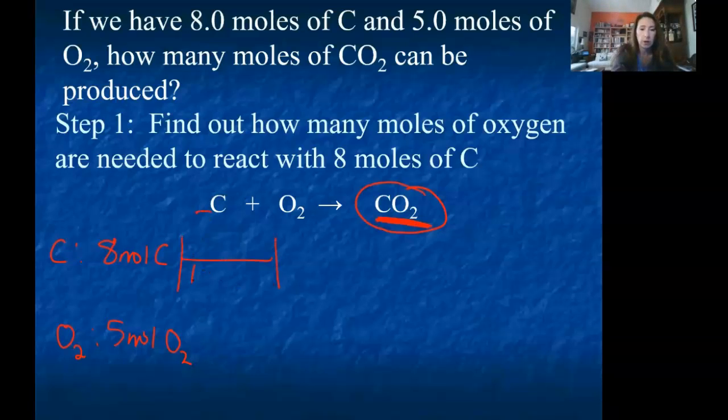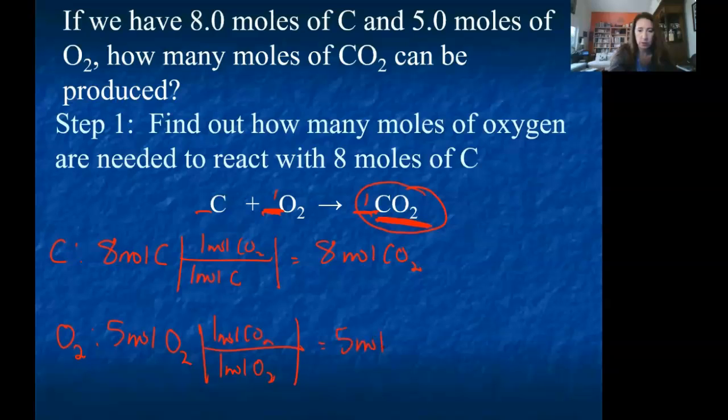There's 1 mole of carbon for every 1 mole of CO2. That means 8 moles of CO2. Do the same thing here. I'm going to convert this to CO2. 1 mole of O2, again, I'm getting that right here, 1 mole of CO2.